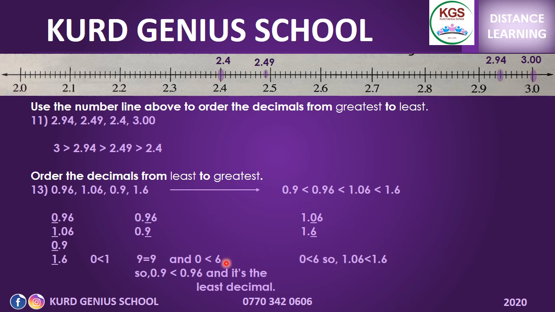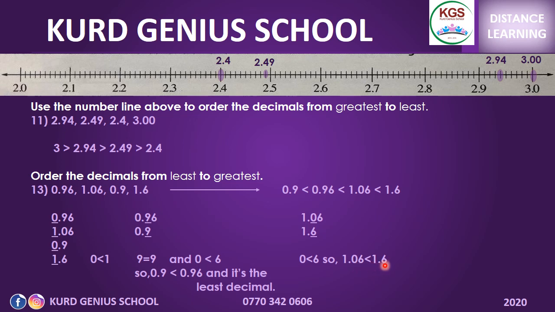Now, we know that we still have two numbers that we should compare to know which one is greatest. Now, we have 1 and 6 hundredths with 1 and 6 tenths. Their first places are equal, so we move to the second one. 0 is less than 6. Therefore, 1 and 6 hundredths is less than 1 and 6 tenths.